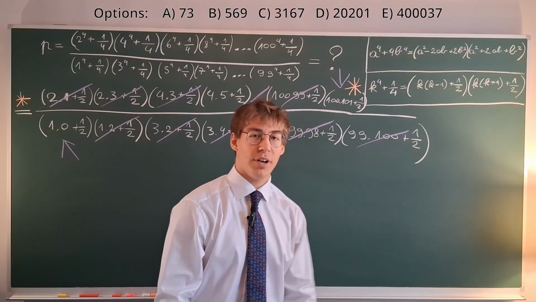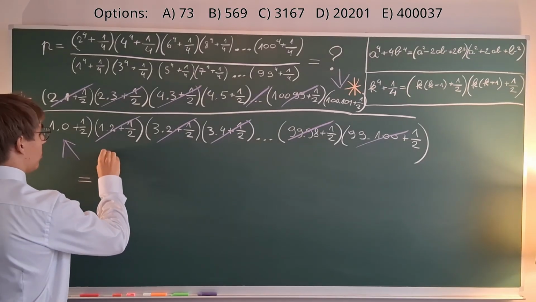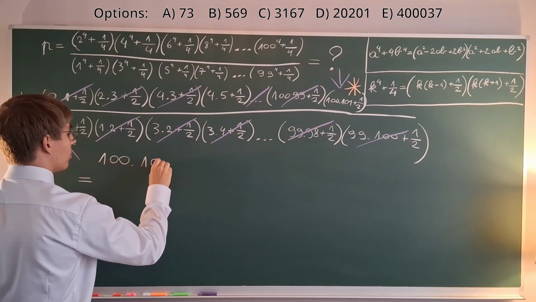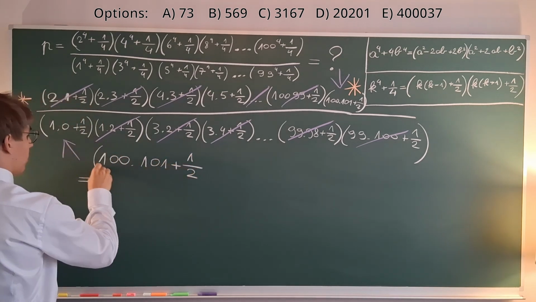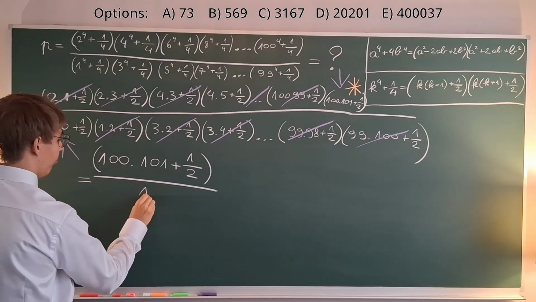So our huge fraction becomes an easy fraction, which is 100 times 101 plus a half divided by 1 over 2.